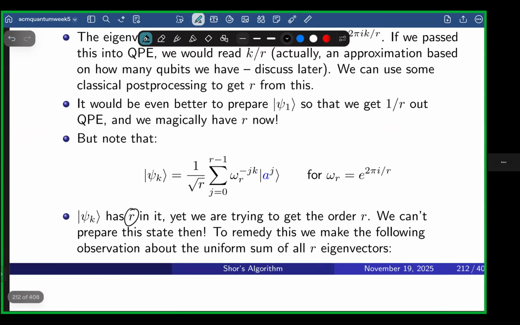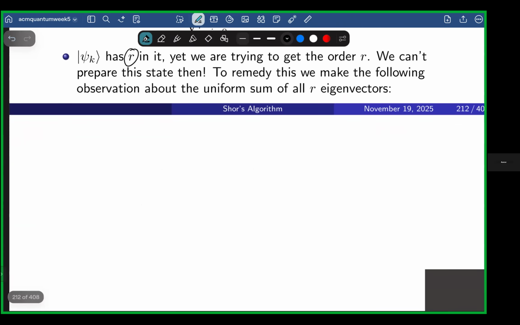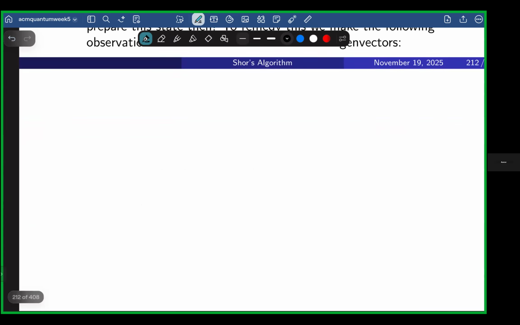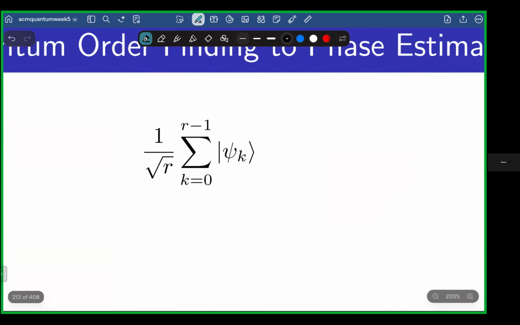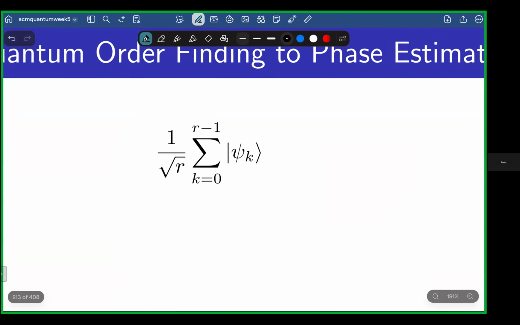To remedy this, we're going to make the following observation about the r minus 1 eigenvectors that we found. What we're going to do is take a uniform sum over all those eigenvectors. 1 over root r means uniform, so it'll be normalized at the end. And then we just sum all of the, actually r eigenvectors, not r minus 1. Make sense?